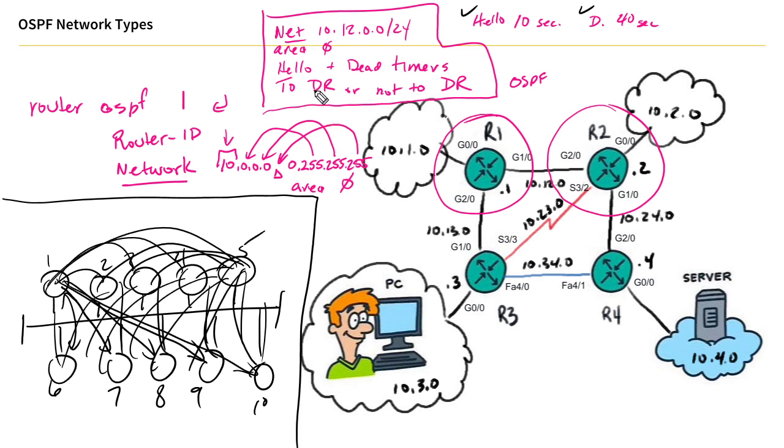And it also identified that we don't have to manually assign neighbors because they'll dynamically find each other. And because the network type of broadcast assumes that we're using a designated router, these two routers are assuming that there needs to be a designated router and backup designated router for that network statement.